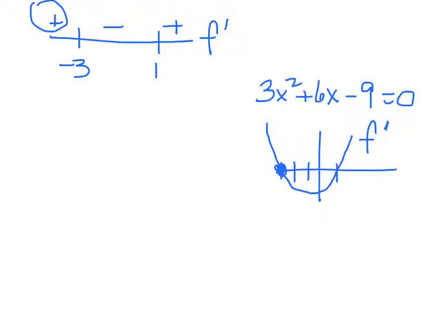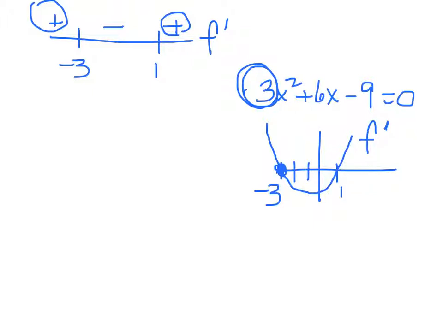Then between negative 3 and positive 1, it's below the x-axis, thus the minus sign. And then after 1, it's above the x-axis, thus the plus sign. So any parabola that has a positive value of a, your signs will be plus, minus, plus on your sign chart, between your critical points.